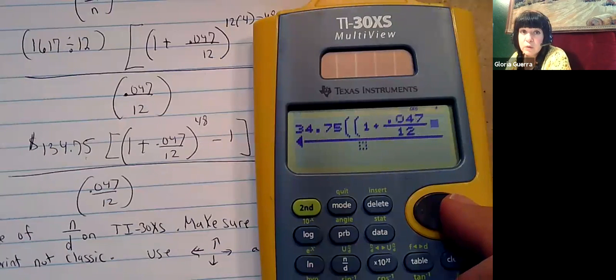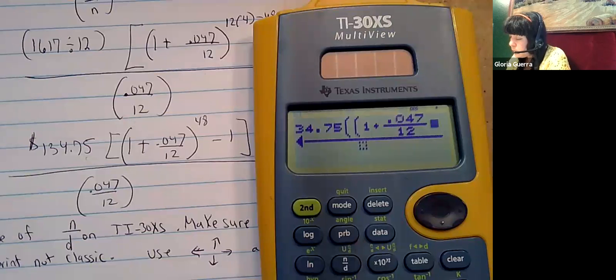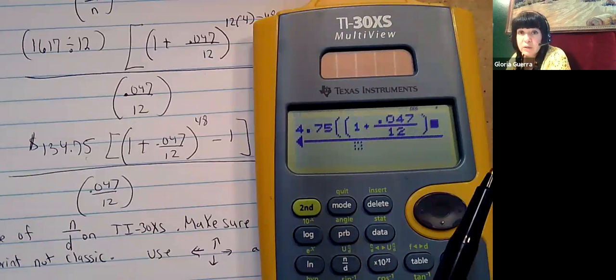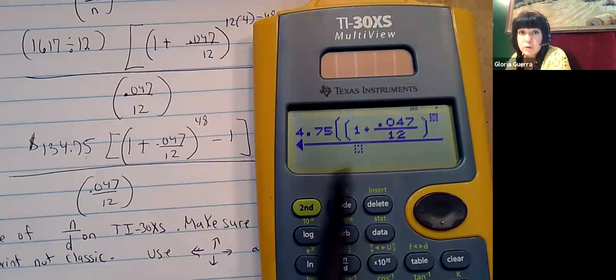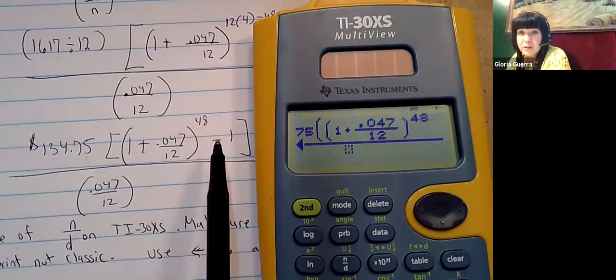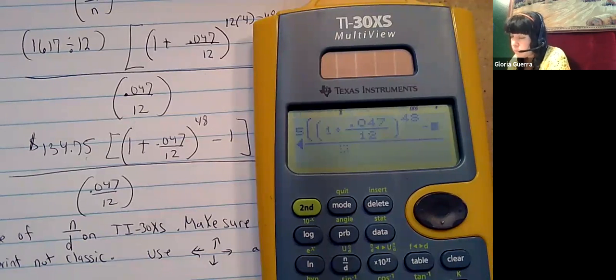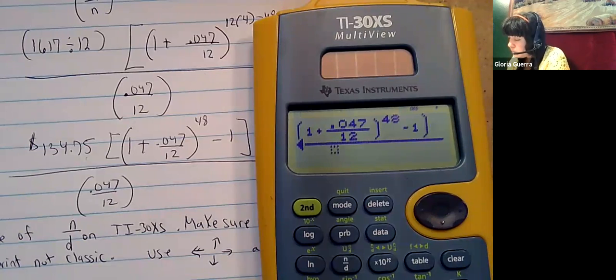Okay, and then close that parenthesis, and then hit your caret key, your exponent, raising it to the 48th power. Then you have to be careful here because you need to push this back down. So let's see, I'm going to push this here. Yep, see that? And then take away 1, and then close the parentheses.